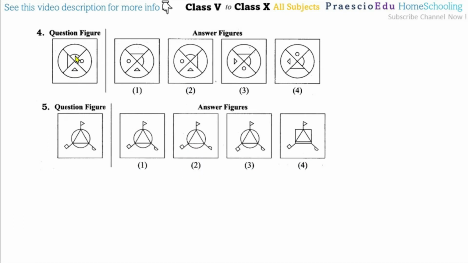Question number 4. In this one the rotation of the figure is involved, exactly matching is not there, but once we rotate these figures, we get the matching figure. So now these lines, these vertical lines, left right side this triangle is there, so if you rotate this one, the lines will come to the right side, so this is a different one.